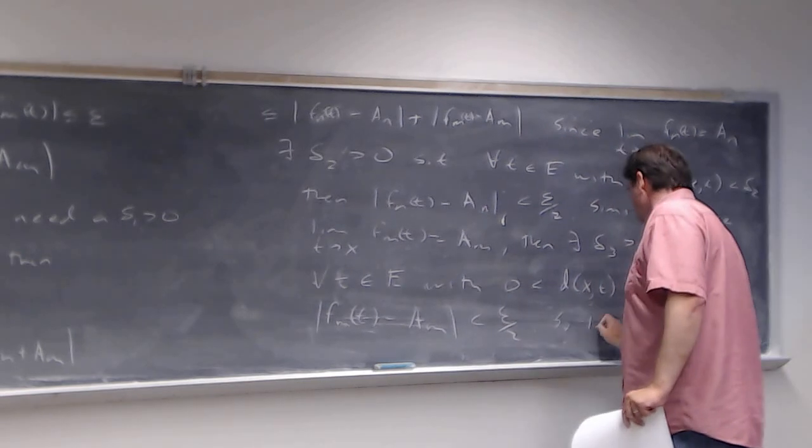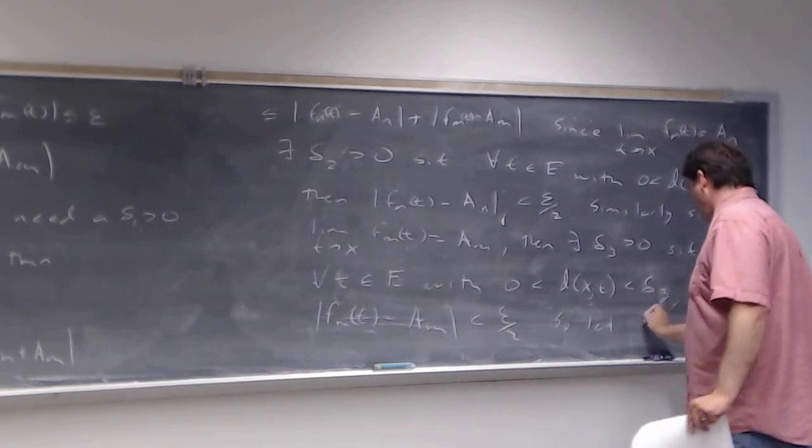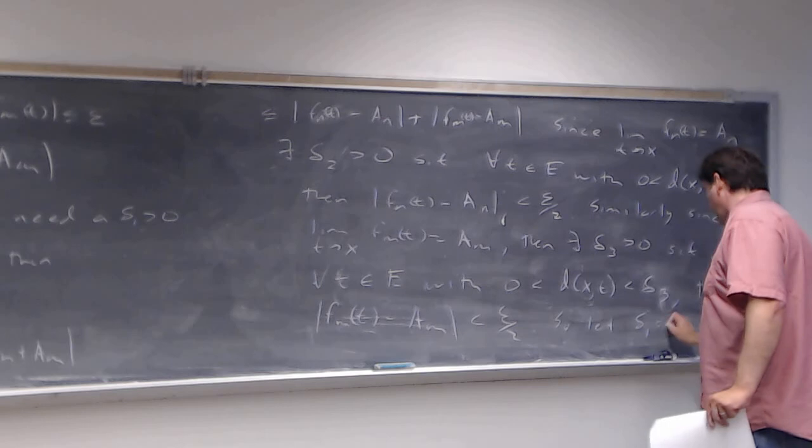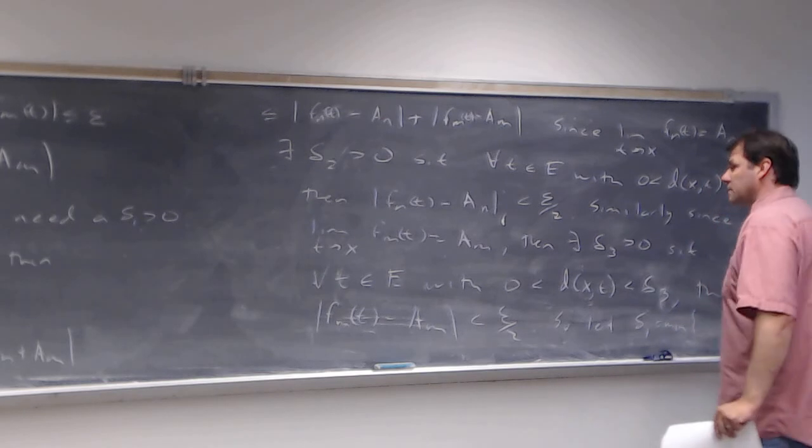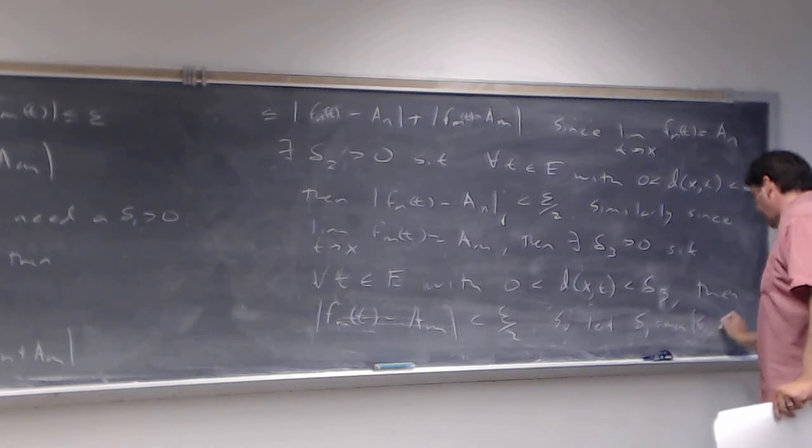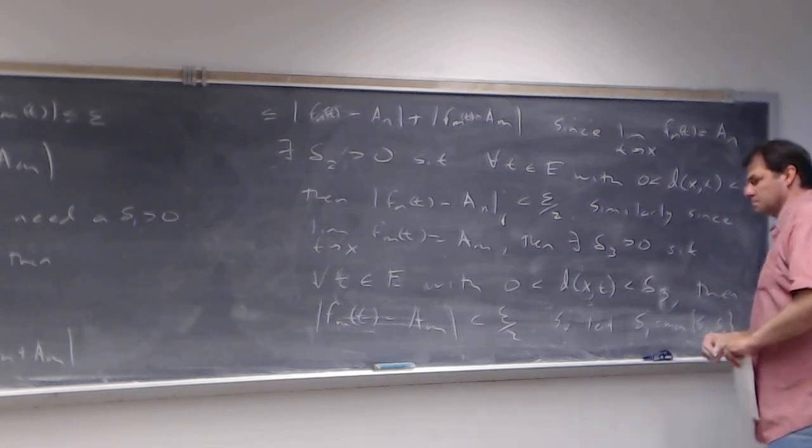So we let delta sub 1, which we were looking for, equal the minimum of delta sub 2 and delta sub 3.